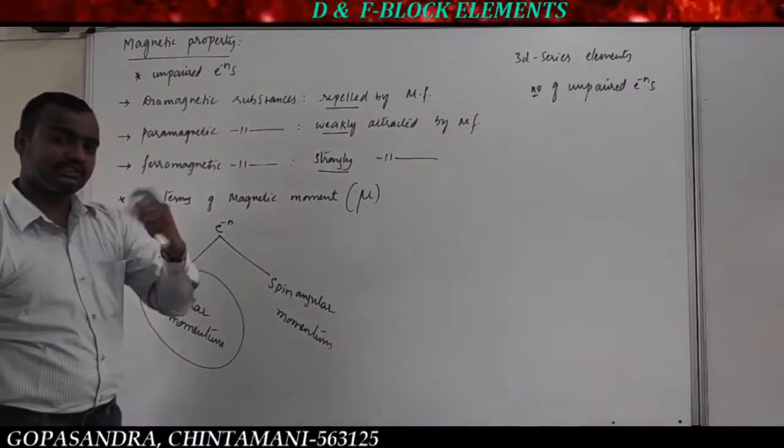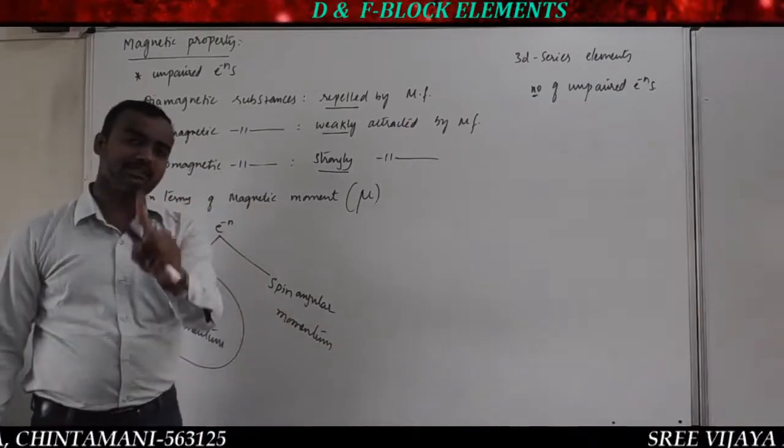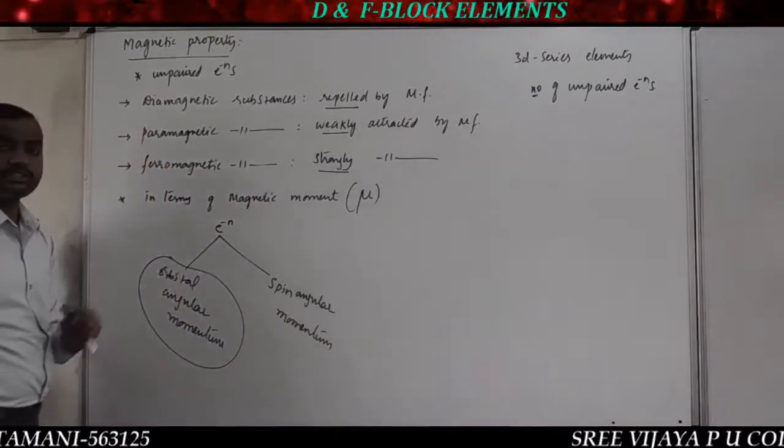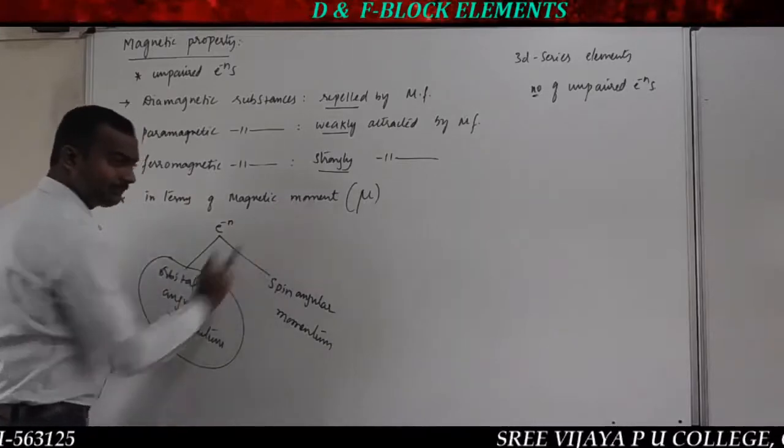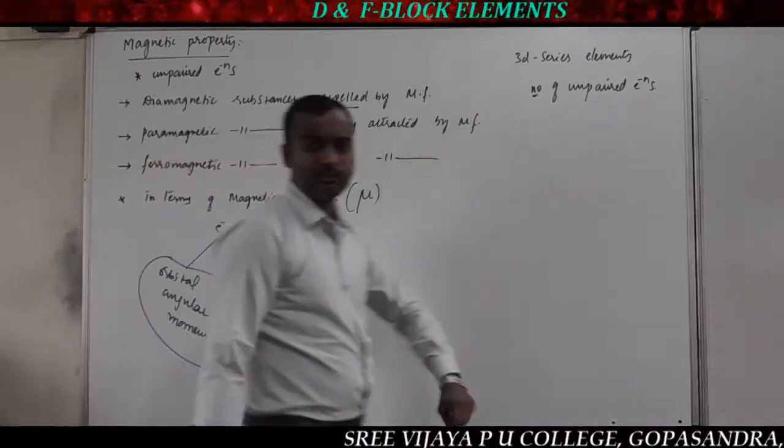We consider only the spin angular momentum in the case of 3D series elements while calculating the magnetic moment. There is no significant contribution of the orbital angular momentum.